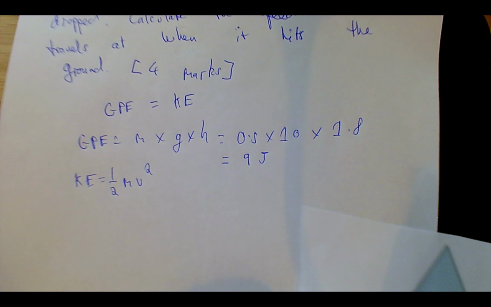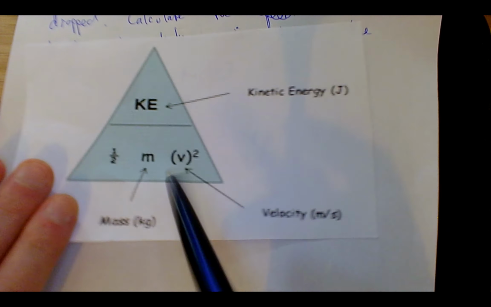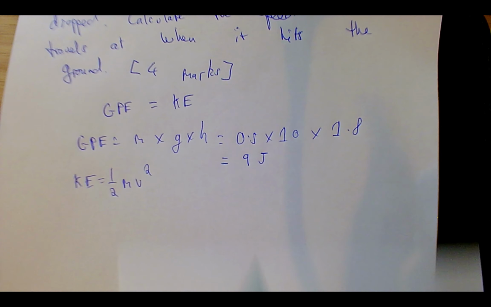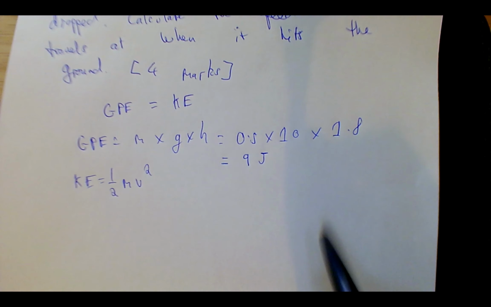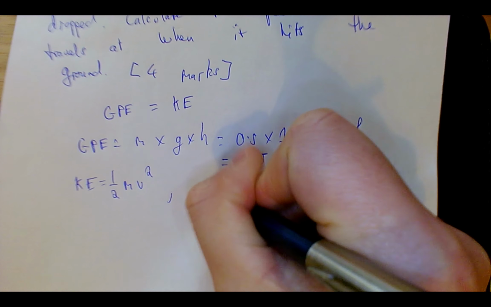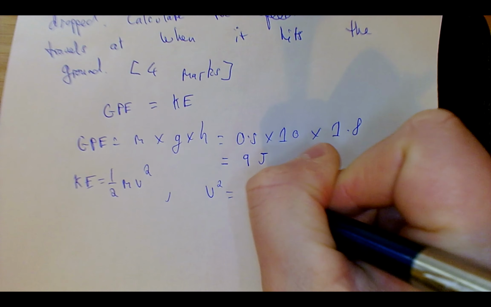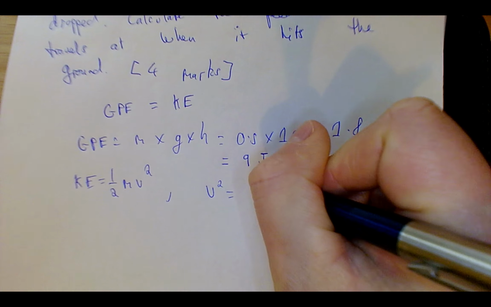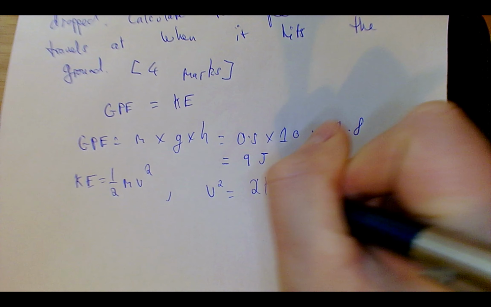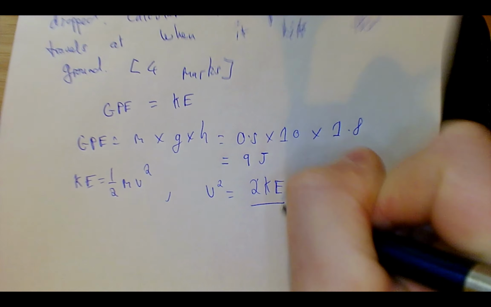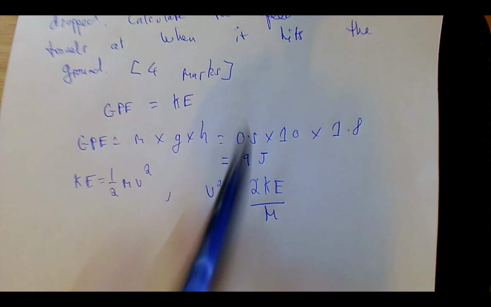So I'm rearranging for the velocity. I want to get velocity on its own. That gives us v squared equals 2KE divided by m.